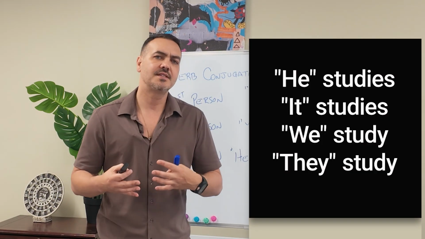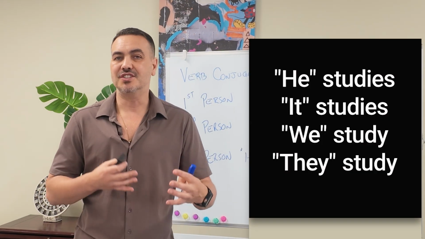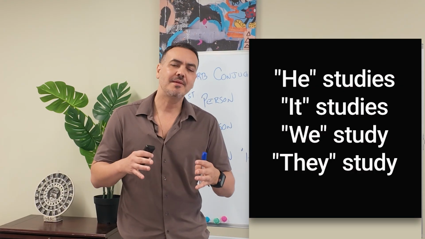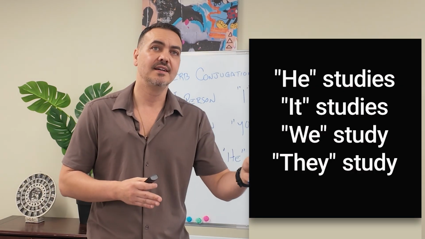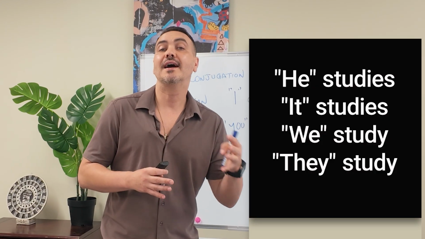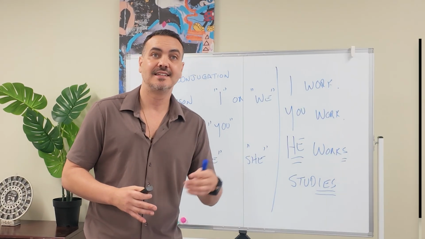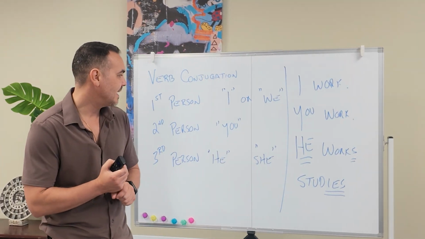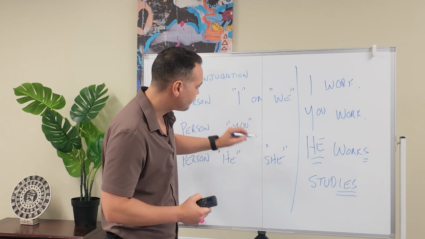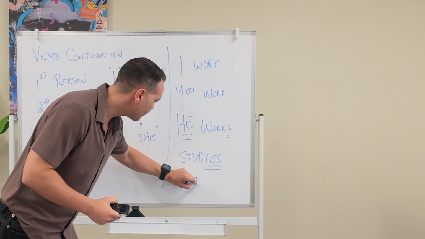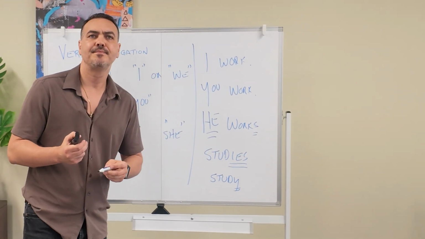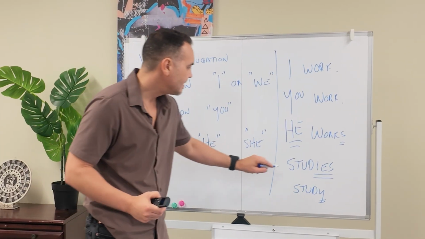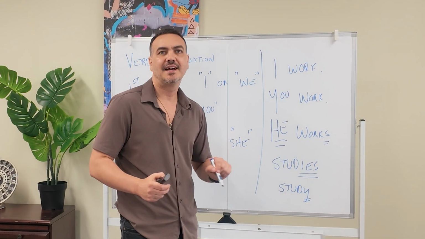You're starting to notice how the spelling is changing. When a verb ends in a consonant plus Y, we usually change the Y to IES. So for example, when we say study, see how that ends in a Y? That becomes studies with an IES.